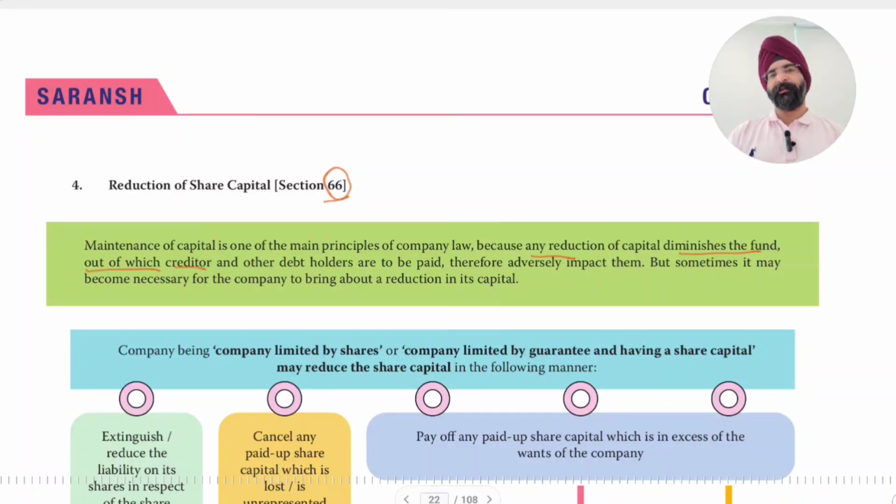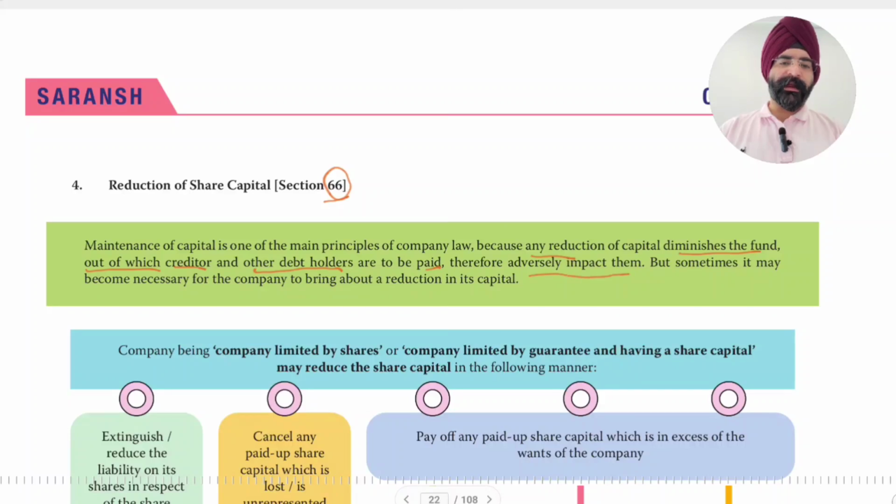Even if the company goes into winding up, creditors will be paid based on its present paid up capital. So if the present paid up capital is reduced, then we have to ensure that the interests of creditors and debt holders are taken care of.